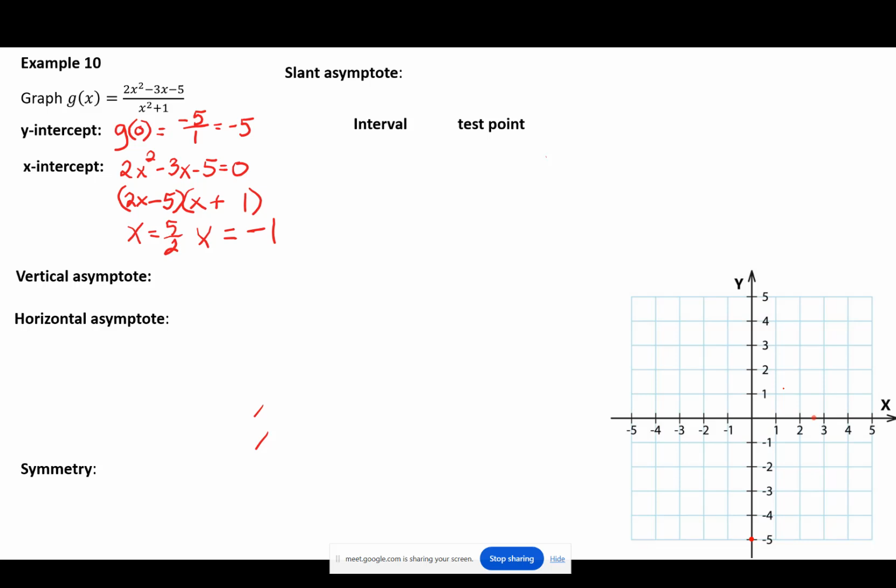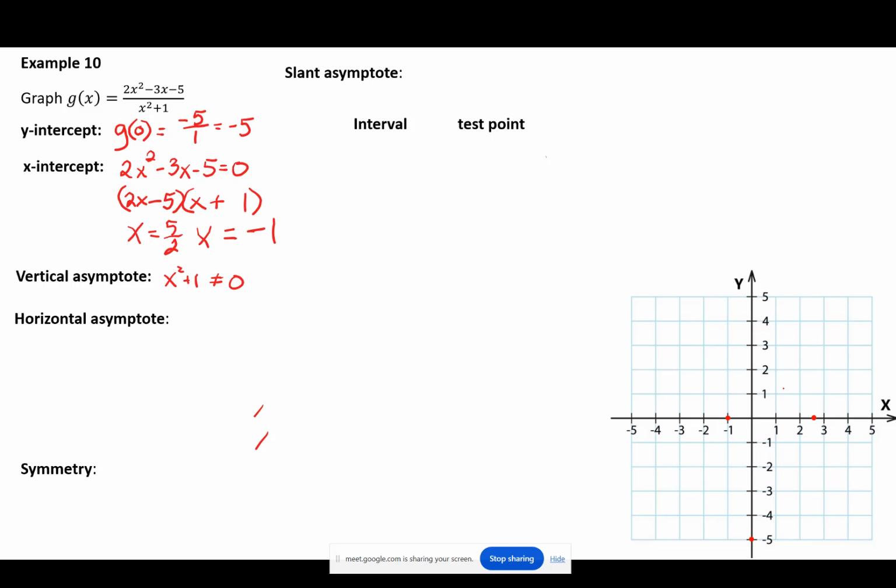So those are your x-intercepts right there. The vertical asymptote is going to happen when the denominator is 0, and first of all, you can see that the function is in lowest terms. The vertical asymptote is the zero of the denominator, but the denominator is x squared plus 1, and that never can be 0. So there is no vertical asymptote.